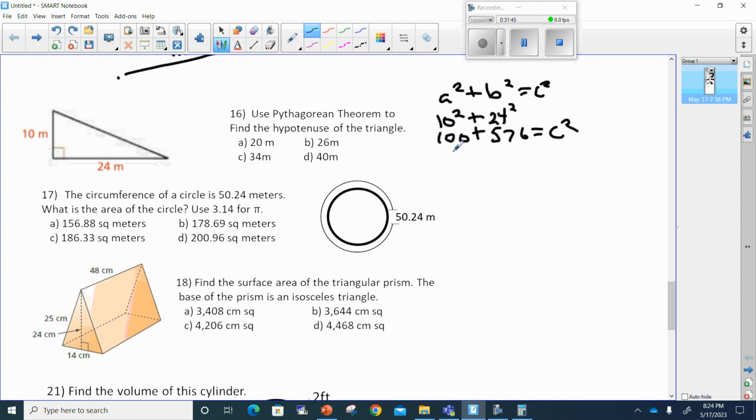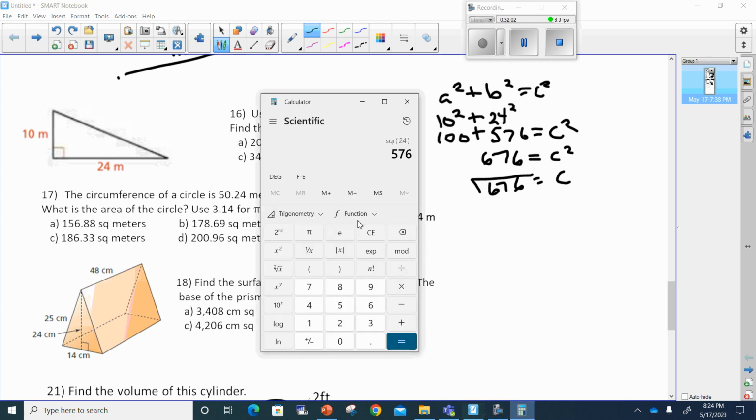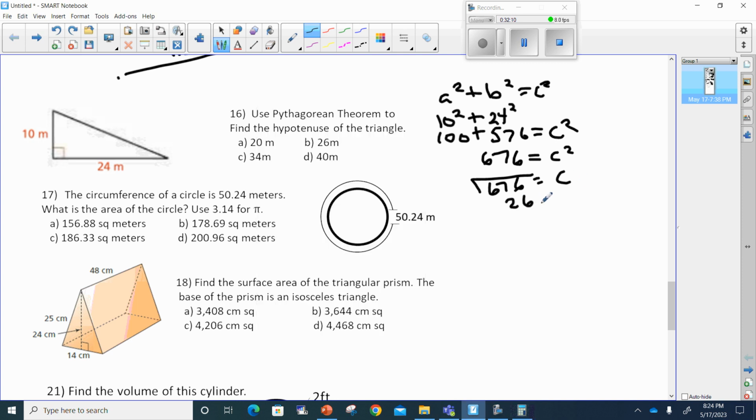Now this is going to equal 676. 100 plus 576 is 676. Remember, to get rid of that square, we have to find the square root of 676. So let's look over here. The square root of 676 is 26. So the answer has to be B.